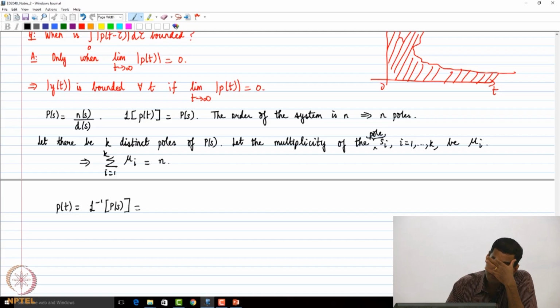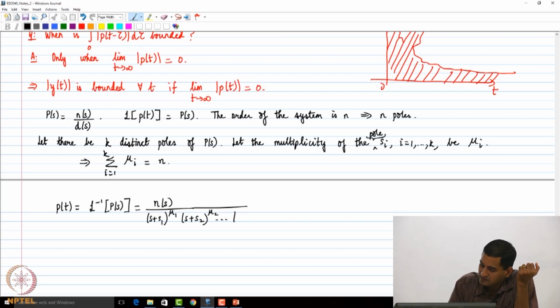Okay. So, it is going to be N(s) divided by (s + s1)^μ1, (s + s2)^μ2, all the way till (s + sk)^μk.